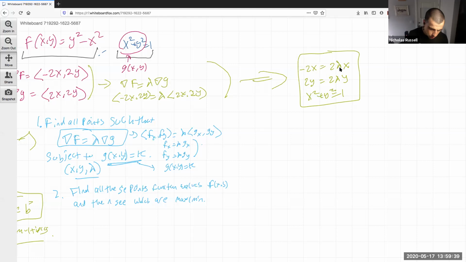Okay, now how do you go about doing this? Well, I'm going to at least number all of these, to make sure we talk about the right equations: equations 1, 2, and 3 here. At least in this problem, I can take a look at equation 1 and find all the points that satisfy that.